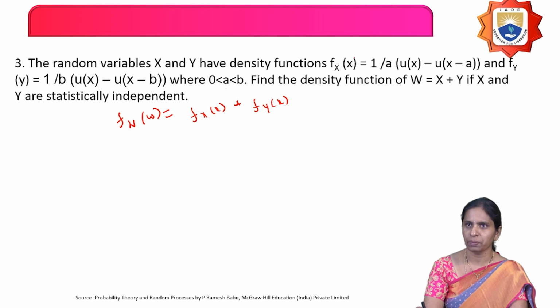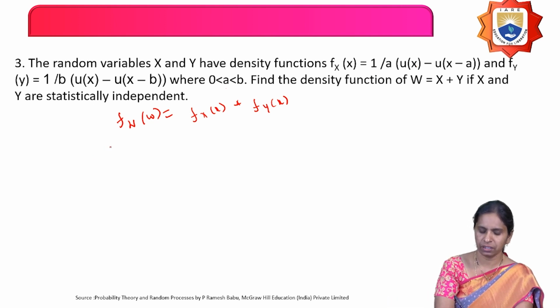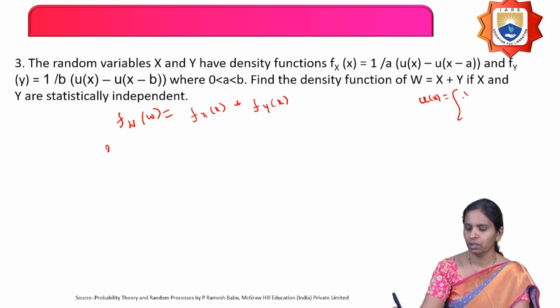Now, what is the f_X of x value? 1 by a into u of x minus a. So, what is u of x? How is it defined? It equals 1 when x is greater than or equal to 0, and 0 when x is less than 0. And what is u of x minus a?